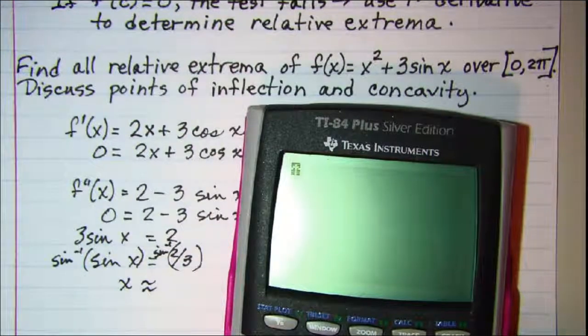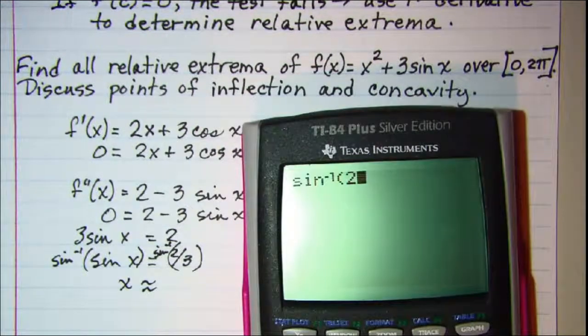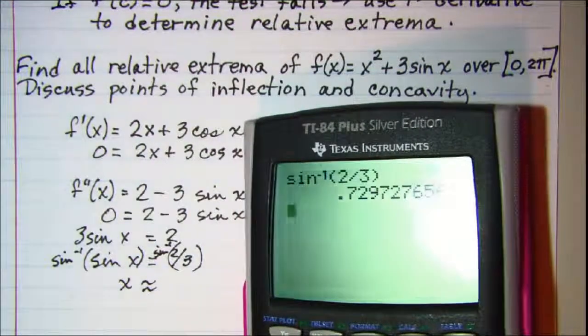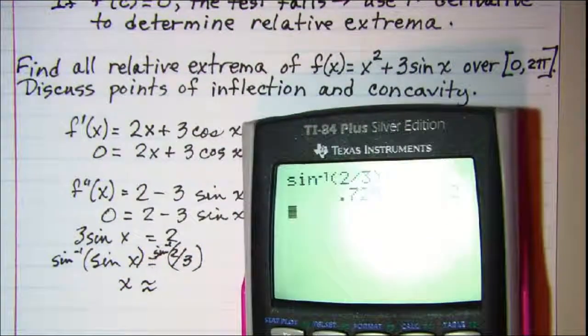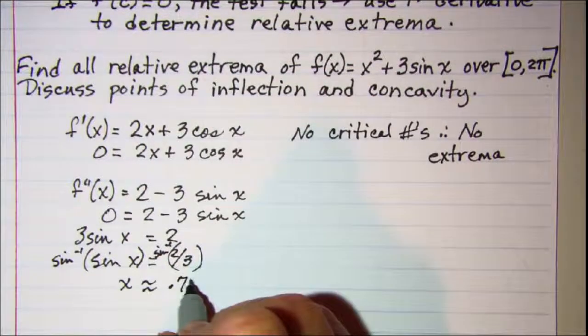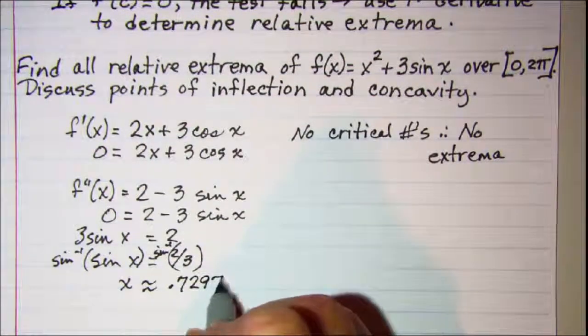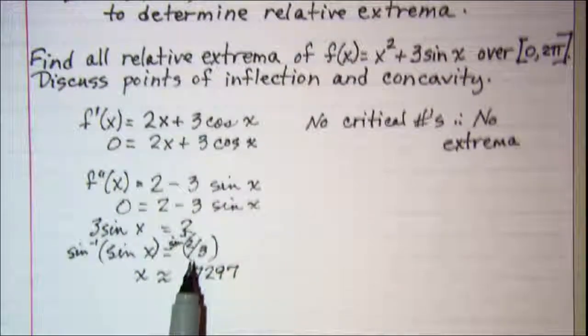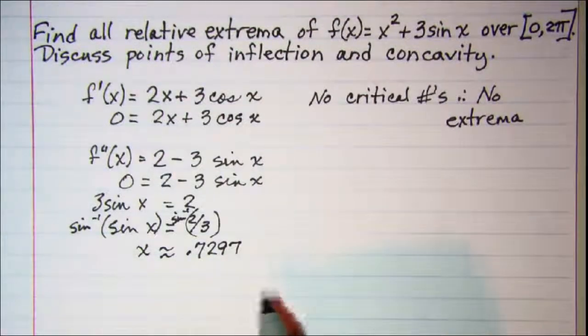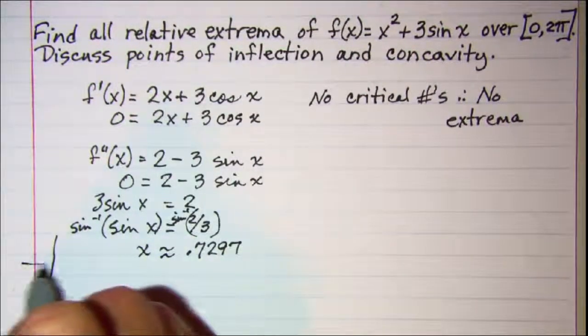So arc sine of 2 divided by 3 is 0.7297. Now we also know that sine is positive in the second quadrant.